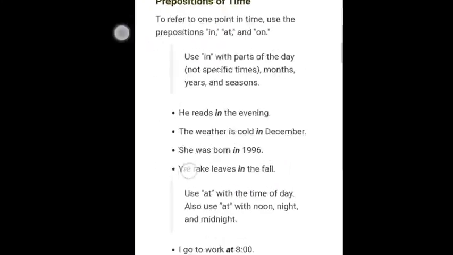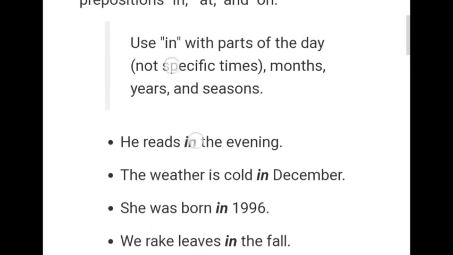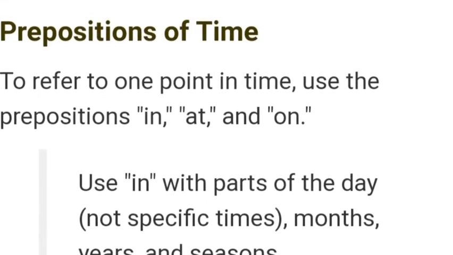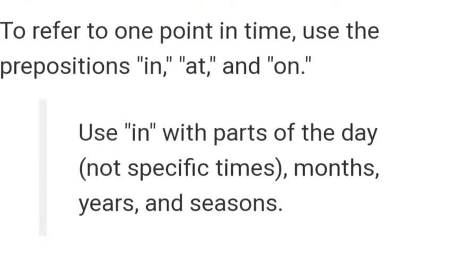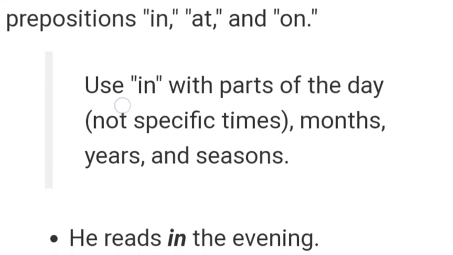Prepositions of time. It is very clear from the heading itself that these are prepositions which tell the relationship of two parts of the sentence through time. To refer to one point in time, use the prepositions in, at, on. Use in with parts of the day, not specific times.